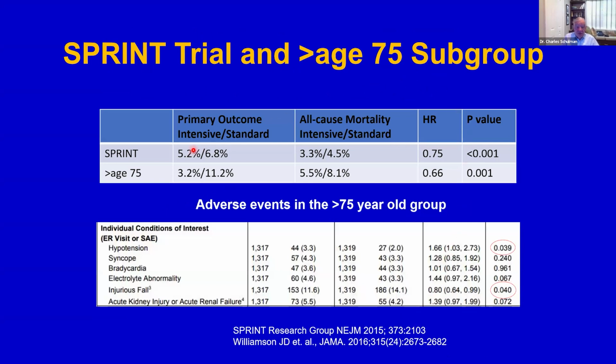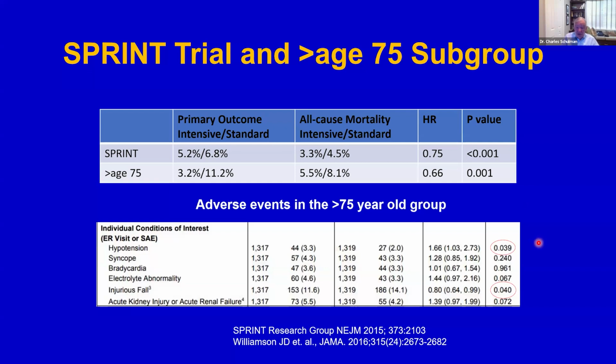These are the results: a 25% reduction in the primary outcome and in all-cause mortality. That's important, all-cause mortality. The results were even better in those patients over the age of 75, 34% reduction, highly statistically significant in both cases.